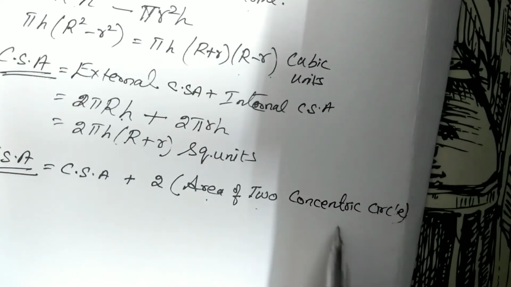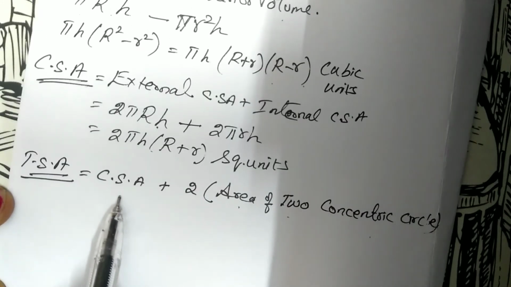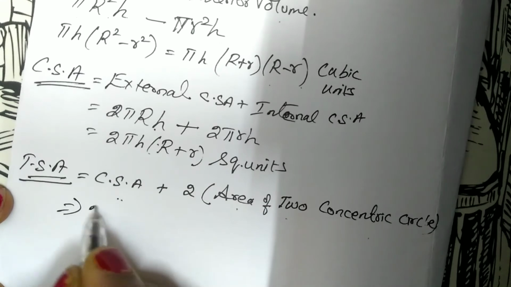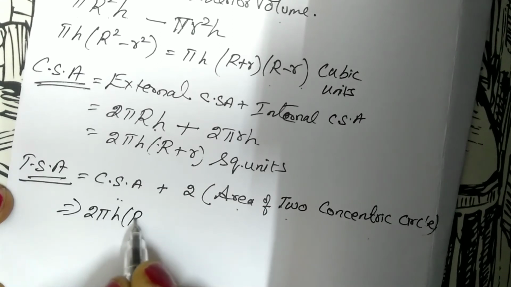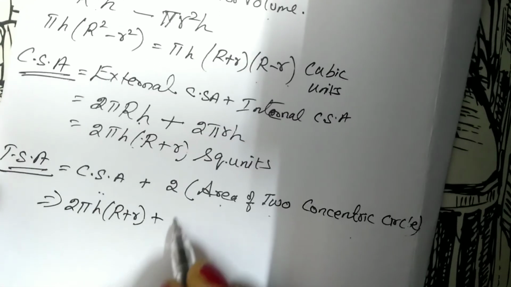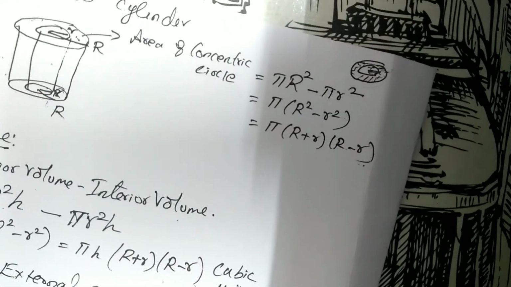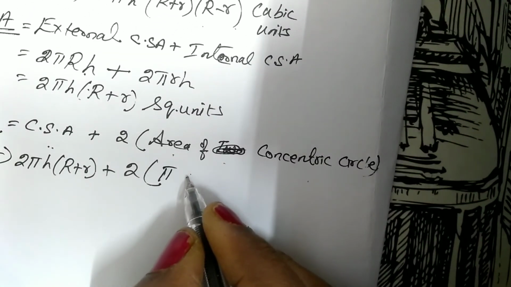One at the top and one at the base. So 2 into the area of a concentric circle. What is CSA? CSA is this one. We got it: 2 pi h into (R plus r), plus 2 into the area of the concentric circle, which is pi into (R plus r) into (R minus r).